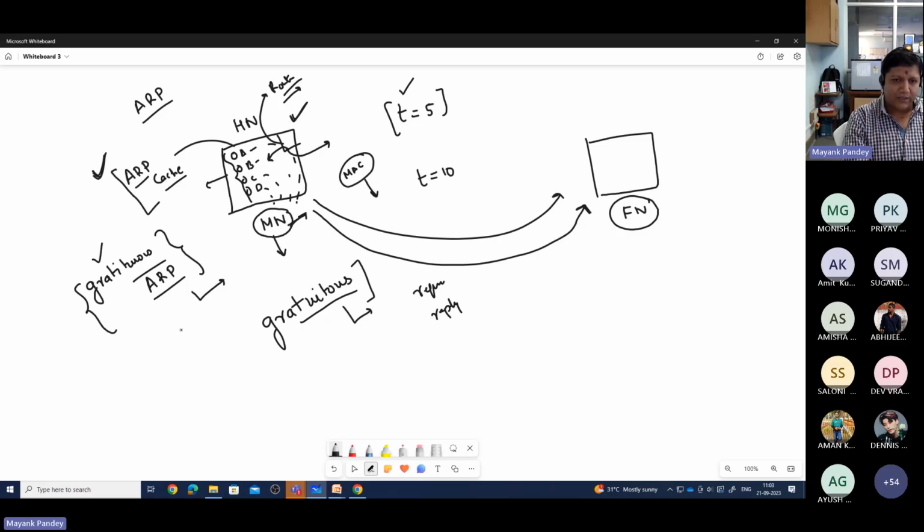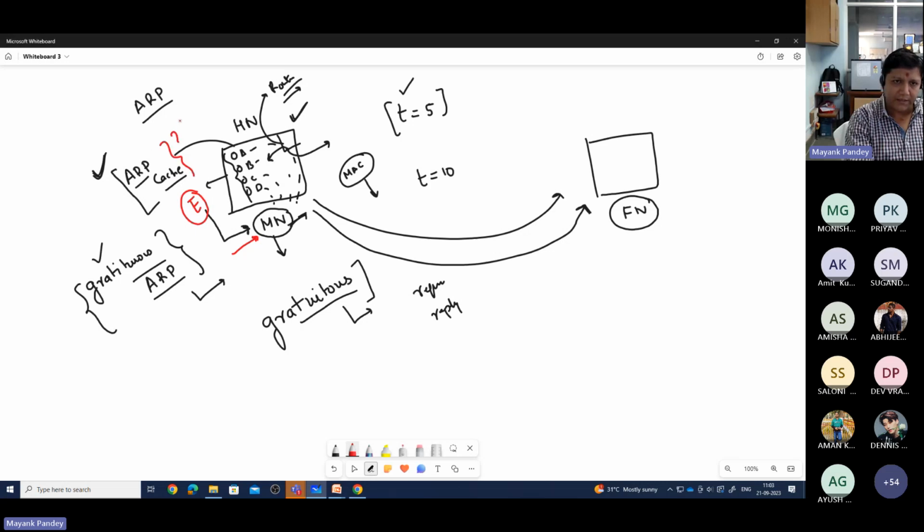Now another question: suppose any other node wants to communicate with the mobile node. Suppose there is a node E which previously has not communicated with the mobile node, has just come up, and has nothing in its ARP cache.